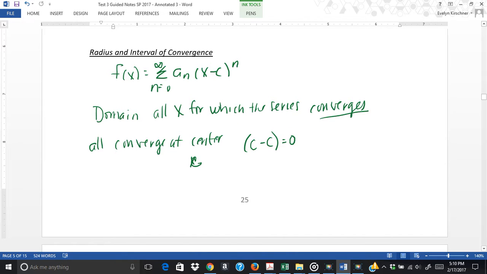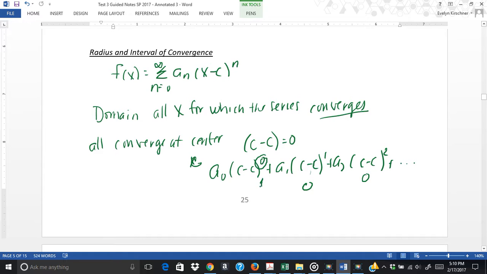So everything except for the 0th term is going to be 0, because you have a sub 0 times (c minus c) to the 0 power plus a sub 1 times (c minus c) to the first plus a sub 2 times (c minus c) to the second. So these all become 0, and because the 0 power is 1, it just equals a naught. So it always converges at its center and equals a naught.